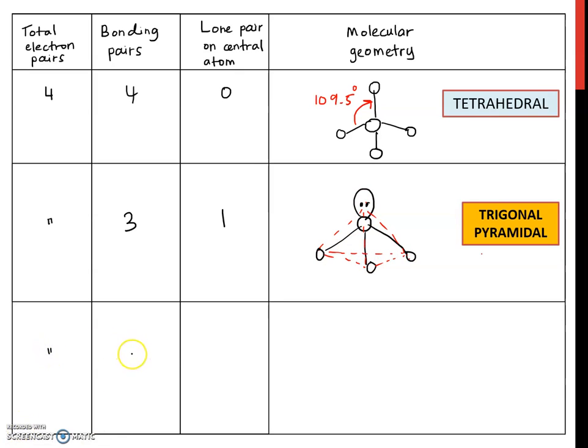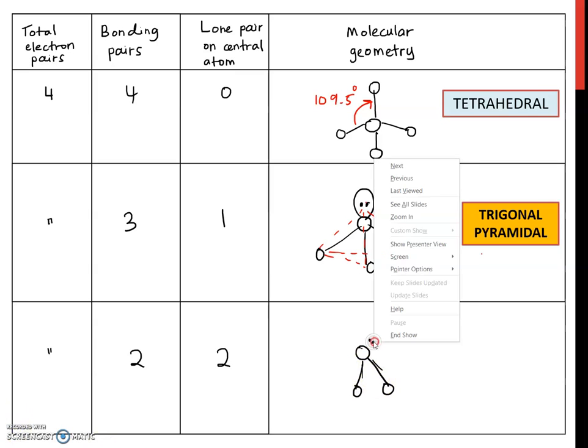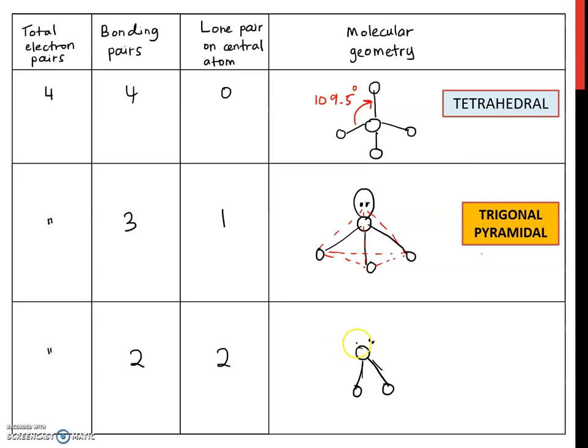Okay, next, when 2 bonding pairs and 2 lone pairs on central atom. Okay, so kalau penuh 4 atom bonded, sekarang ni ada 2 je atom bonded, and one lone pair and another lone pair here.